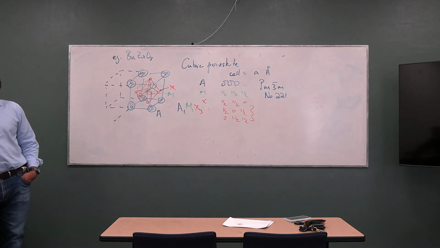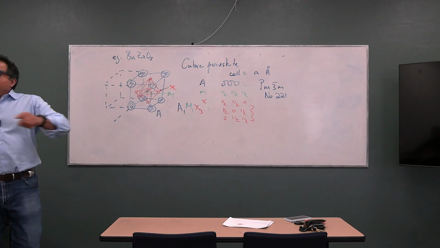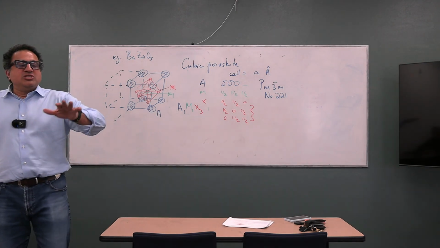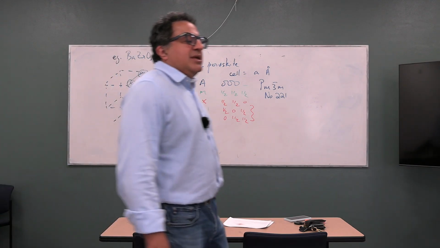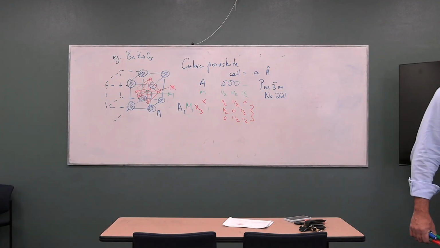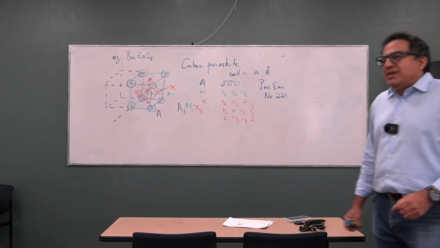But if we start in one dimension instead of 3, life becomes easy. Because in one dimension, there are only 7 line groups. There are 7 line groups in one dimension, 17 plane groups in 2 dimensions, and 230 space groups in 3 dimensions. What about 4, 5, and 6 dimensions? Do you think anyone cares?